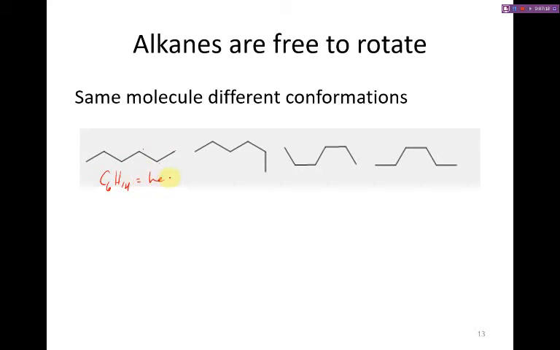This is hexane. And this is essentially just hexane rotated in different ways. Think of it like you standing up tall, you slouching over, you laying down, you curling up into a ball. It's all you, but there's just different ways of representing that, different ways of arranging that. And so those have different conformations.